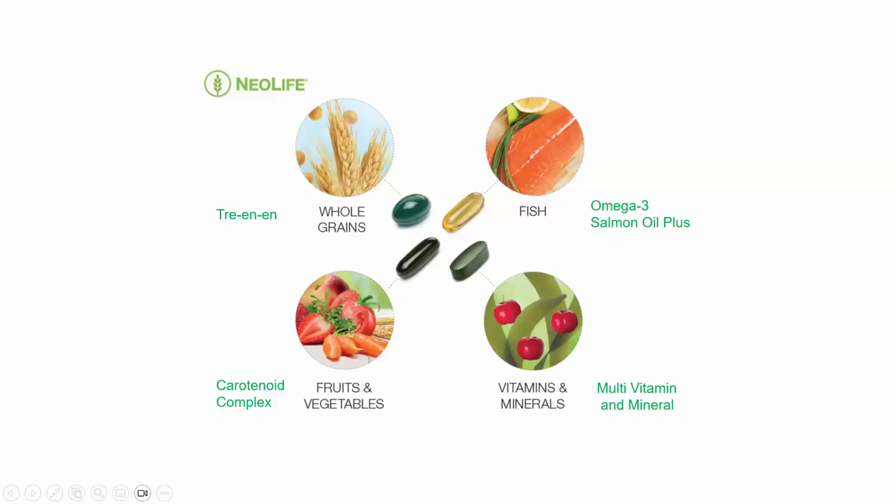Remember, we said that inflammation can cause the beginning of a clot to form. And then we have fruits and vegetable extracts in carotenoid complex, which work to protect the cells and also to protect these oils that you are giving. We call them essential fatty acids. They need to be protected so that they don't become damaging instead. And then, of course, we have vitamins and minerals.